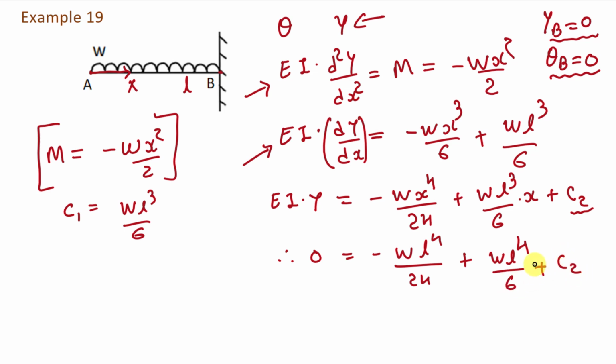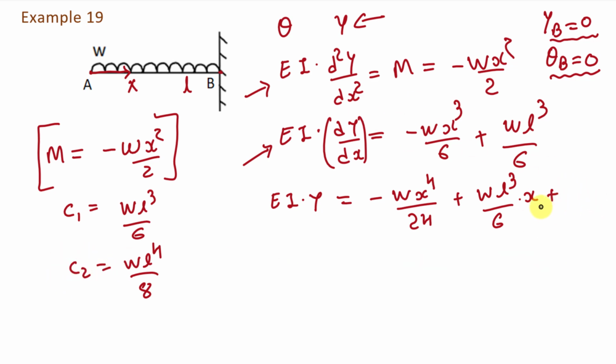Fine. From here if you find the value of C2, then C2 will be WL raised to 4 divided by 8, right? And now we will put this C2 here. So it will be WL raised to 4 divided by 8.